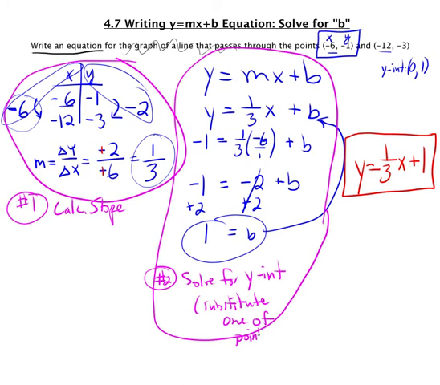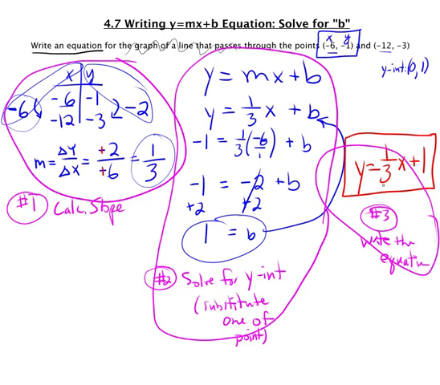Now, it doesn't matter which one it is. It could be either of them. So if you liked the (-12, -3), you could have substituted that in and calculated the same y-intercept. And then the last one is number 3. Last step is to write the equation. Now, don't do all that work and forget to write the equation, because that's the question that we have to answer, is to write that equation at the end.